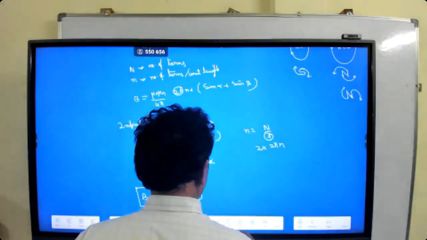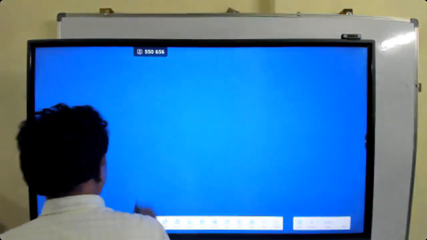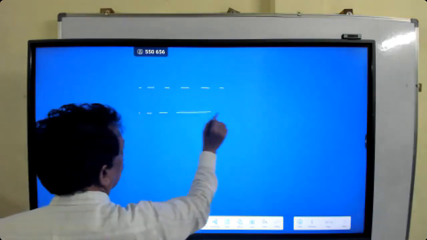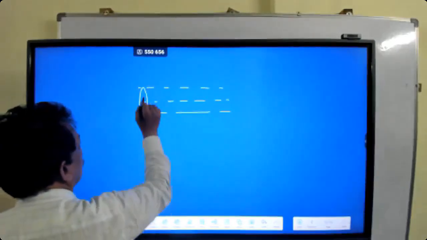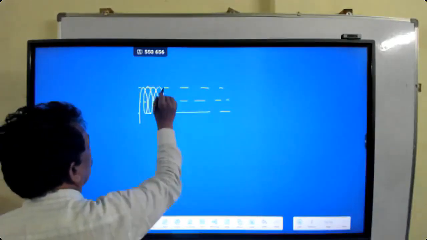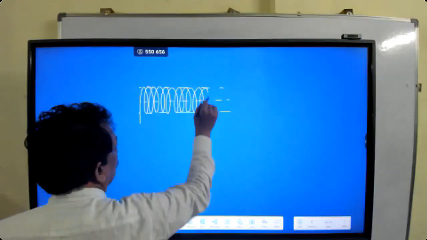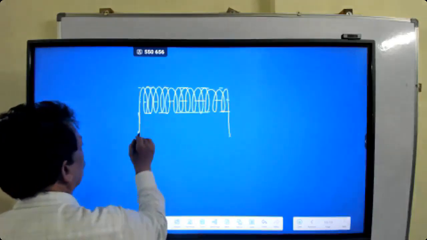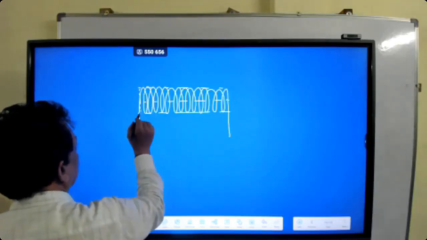The point is near one end, same as the infinite solenoid. So near the end I'm taking here. This is the end of the solenoid, and this is the point.